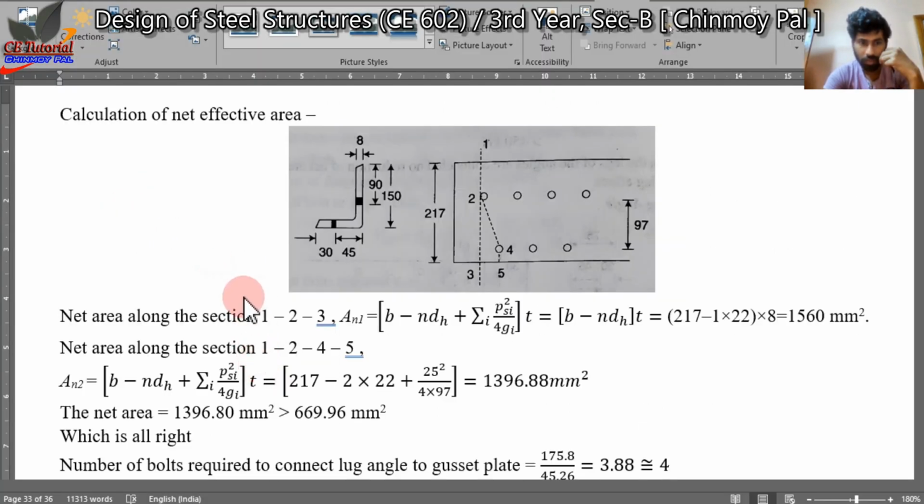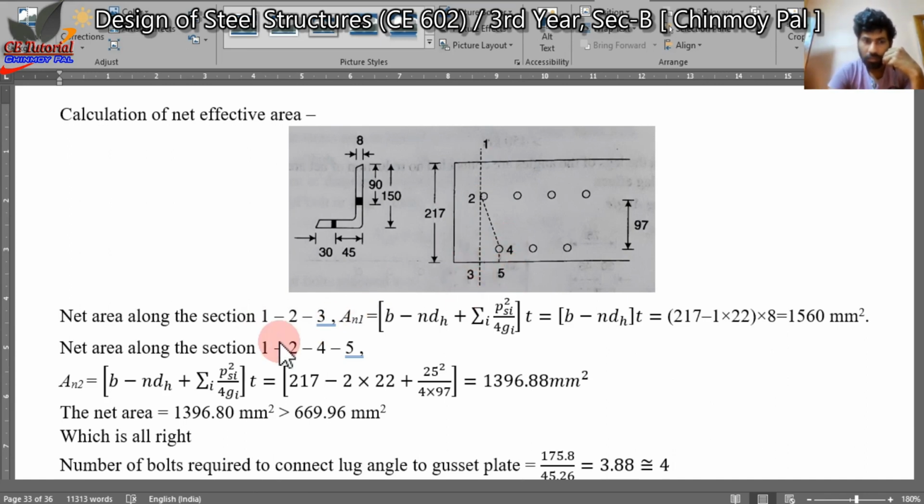Now we are going to check whether this angle will resist the applied force or not. We are considering two paths to calculate the net section of this section. One is 1 to 3, another is 1 to 4, 5.